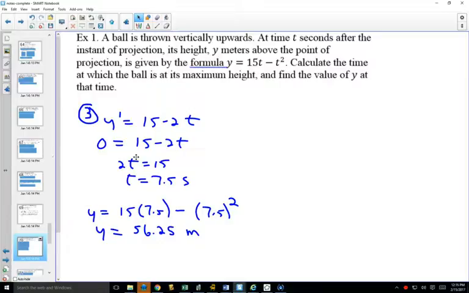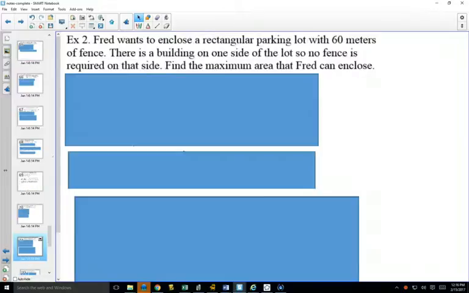For our second example here, this one is just like the ones we used to do in grade 11. We've got a rectangular parking lot you want to enclose with 60 meters of fencing to keep in those grasshoppers. Okay?